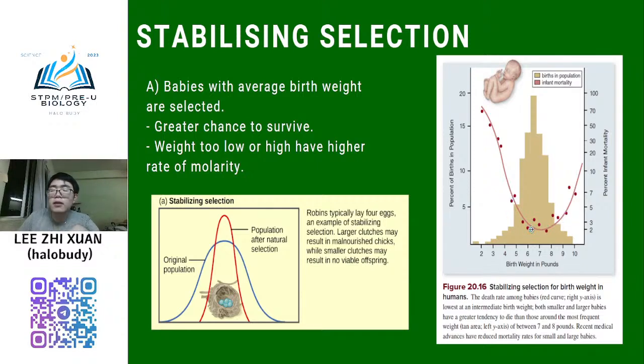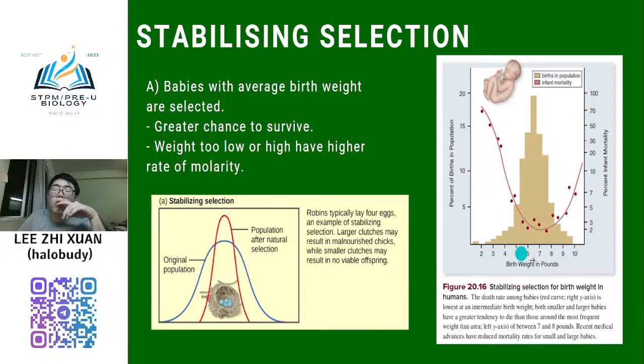So in this environment, the mother, when pregnant and giving birth, will produce a baby with intermediate weight. Normally it is in pounds, about 5 pounds to 8 pounds, and 7 pounds is the most common baby weight.